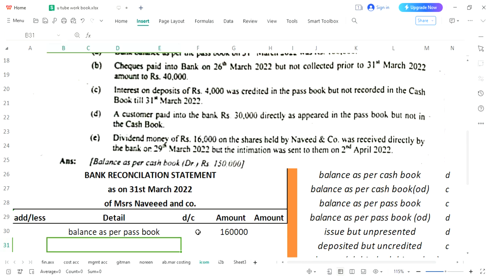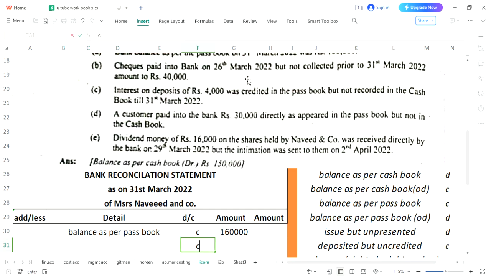Now next is B, checks paid in. As you know, paid in means deposited, and what we search for in deposited is uncredited checks. Now you can see it has been written not collected, uncollected, uncredited, dishonored, returned, one and the same thing. Deposited but uncredited should be written on the credit side. And the amount is 40,000.